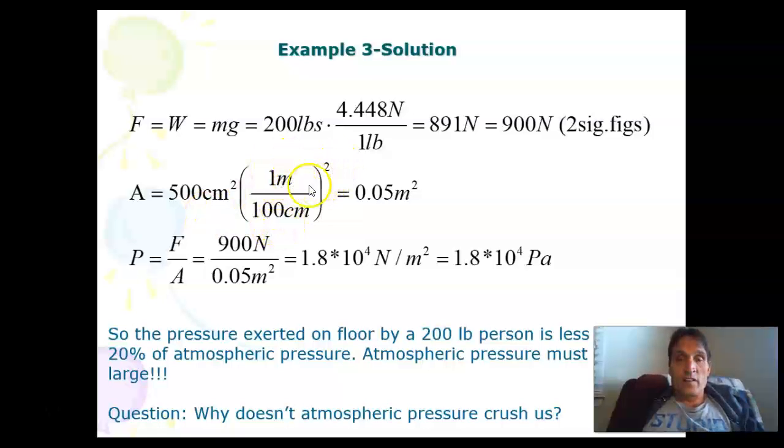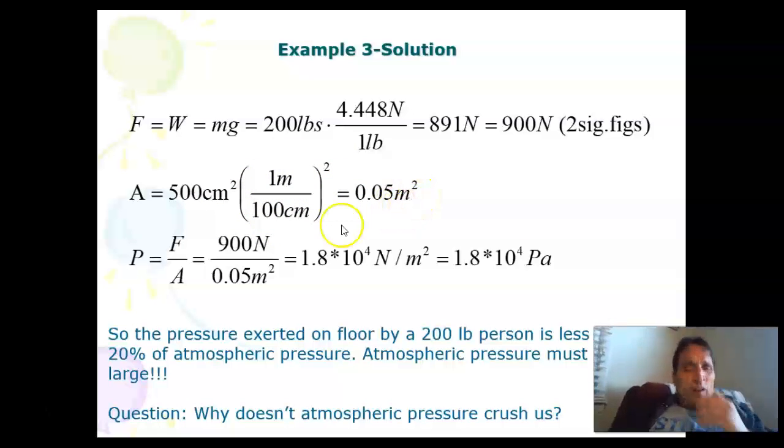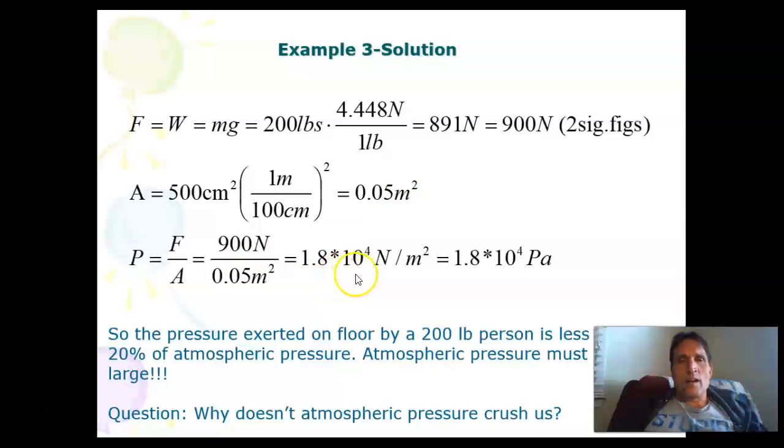We square it because it's 2 dimensions, and we get that the area is 0.05 square meters. Taking force per area, we get that a 200-pound person exerts a pressure of 1.8 times 10 to the 4 pascals on the floor. So that's the pressure exerted by this person on the floor.